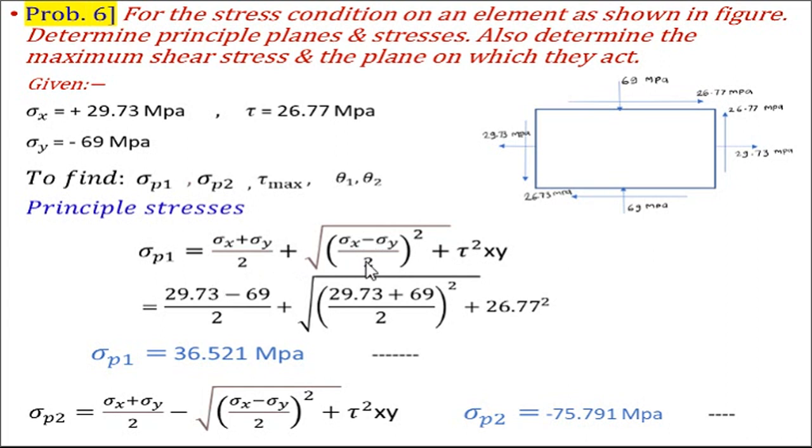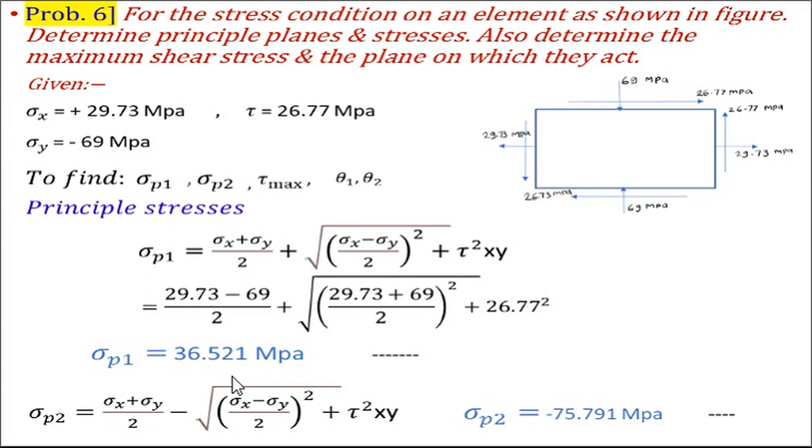Putting all the values of sigma x, sigma y and tau xy given in the problem, with the signs, you do the calculation, and the answer for the principal stress is 36.521 MPa.